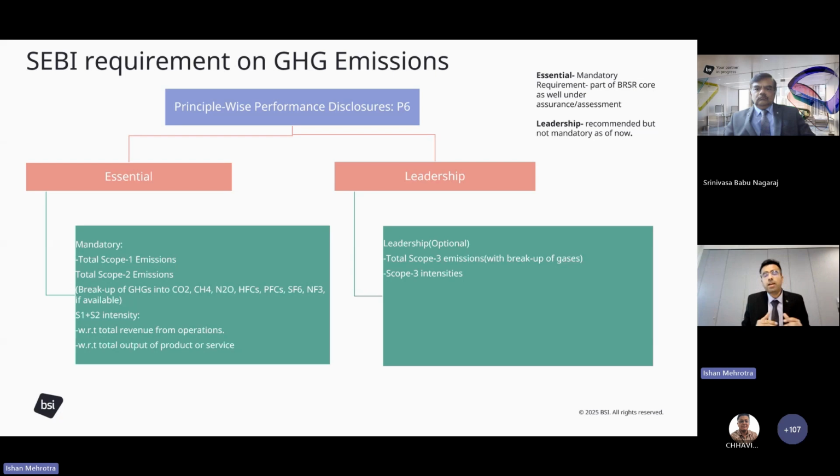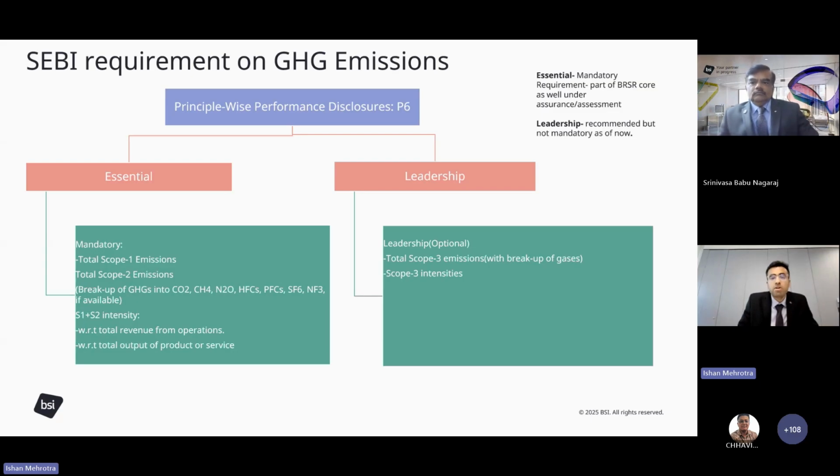Under that, there are again essential and leadership KPIs. The essential ones are mandatory, and within that, SEBI is asking what is the total Scope 1 emission? What is the total Scope 2 emission? What is the breakup gas-wise? What is your CO2? What is the component of methane? What is nitrous oxide? The component gas-wise, if it is available.